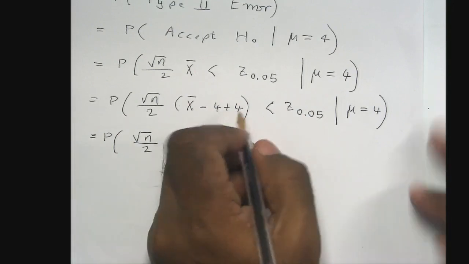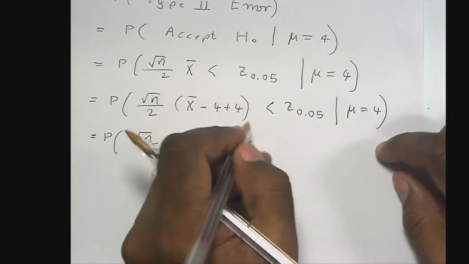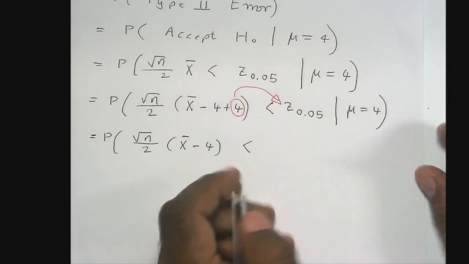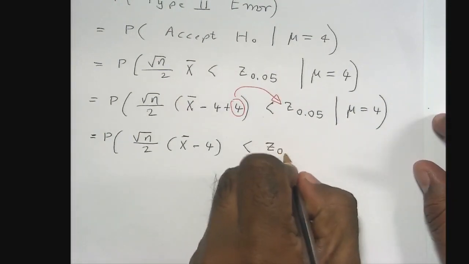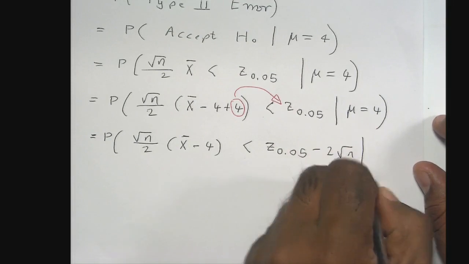Now I'm going to take this second 4 to this side here, right? So that's going to become 2 root n given.